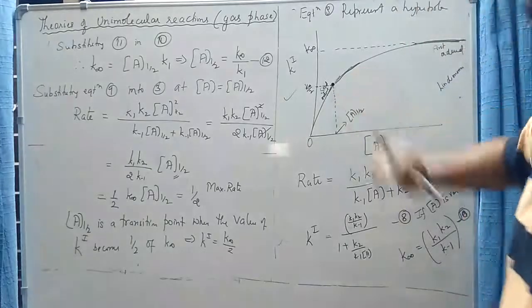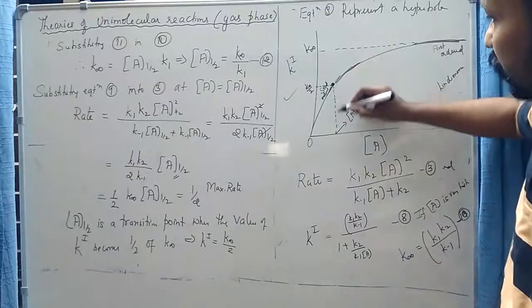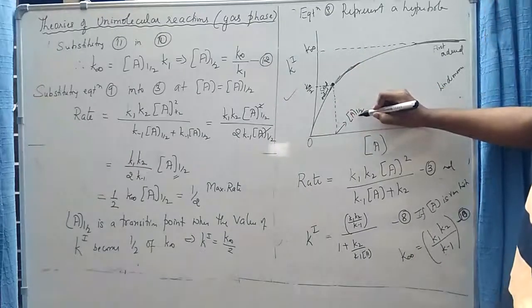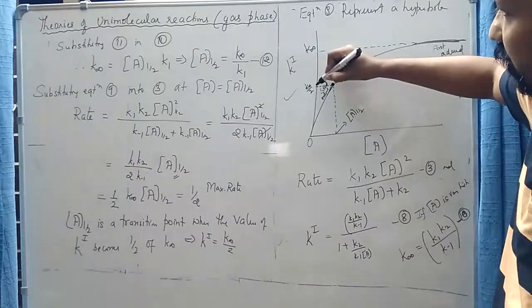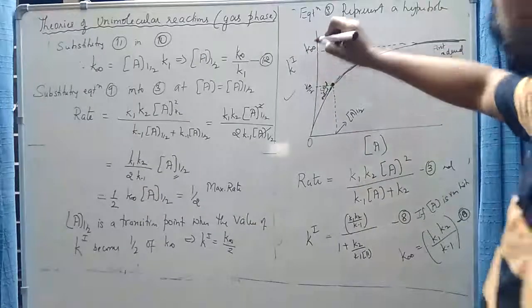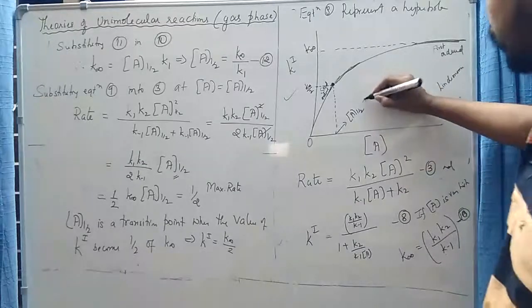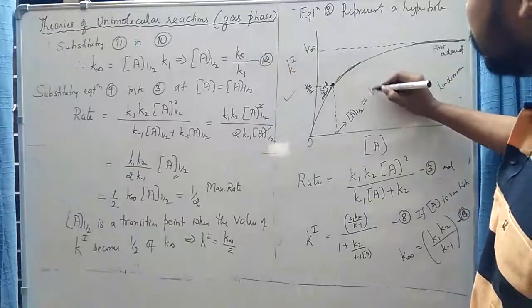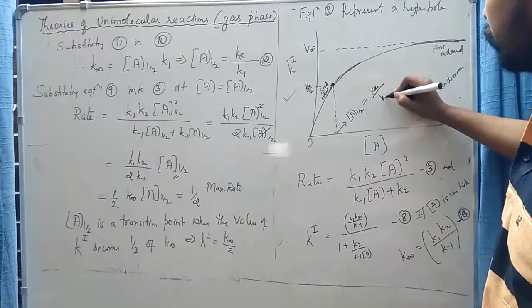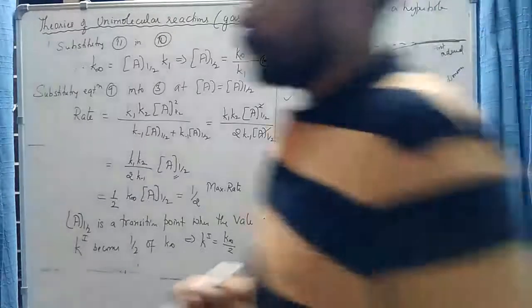So this is a point of transition, and at this point the corresponding concentration is denoted as a half, and the first order coefficient k1 is half of the maximum value k infinity, and this a half according to equation 12 is given by k infinity divided by k1. Okay, that is according to equation 12.